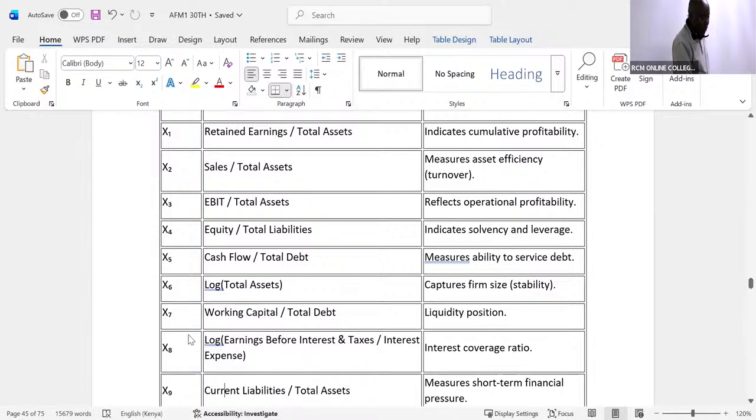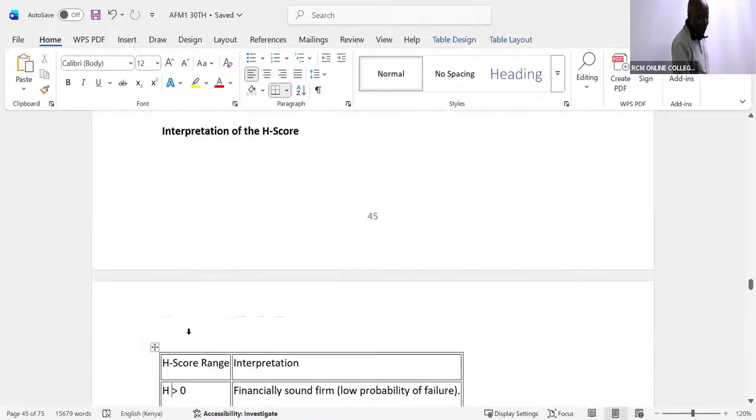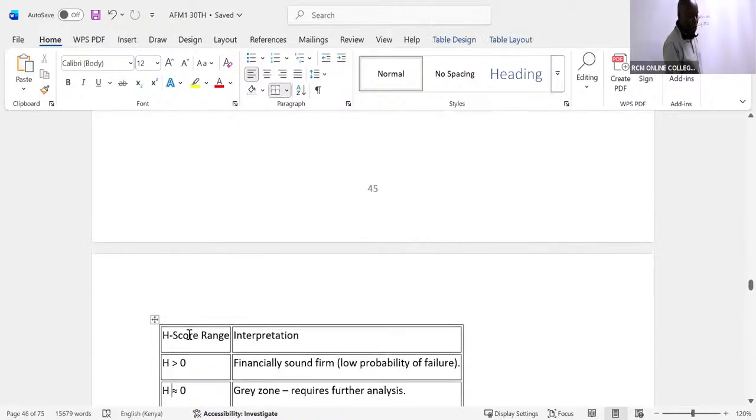Now, the most important thing, ladies and gentlemen, under the Fulmer's model, you need to know how to interpret the H. So in this case here, we have our H. H0 is neutral. And then, of course, this side will be negative. This side here, H will be what here? Positive like that.